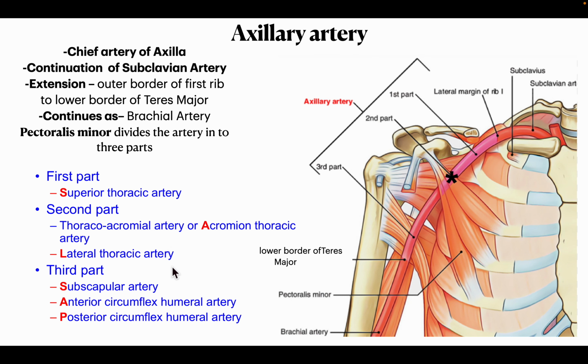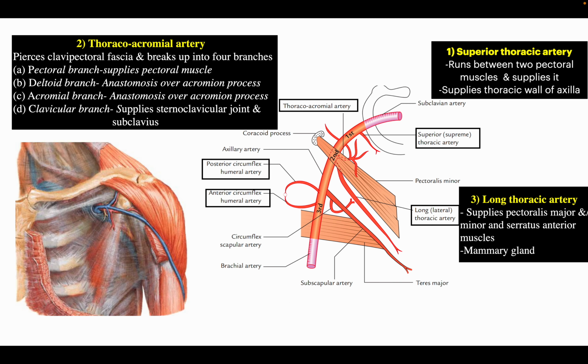These 2 branches originate from the second part of the axillary artery. Now we have the third part. From the third part arise the subscapular artery, anterior circumflex humeral artery, and one more artery known as the posterior circumflex humeral artery. You can see here in the diagram, this is the first part of the axillary artery.